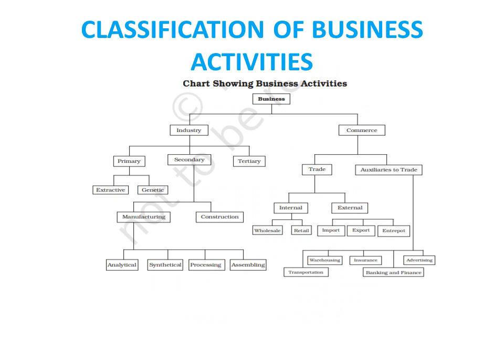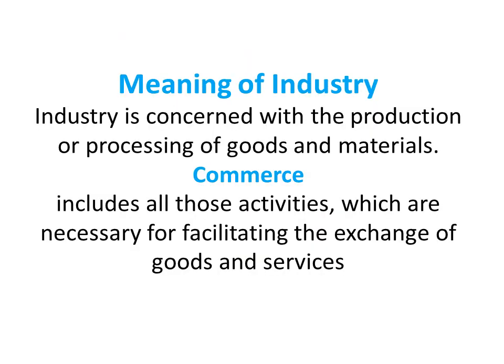Let's come to the classification of business activity. For today, I will not teach you all the business activities. I am just showing you that business activities can be classified into two parts. One is trade and the other one is commerce. Sorry, one is industry and the other one is commerce.